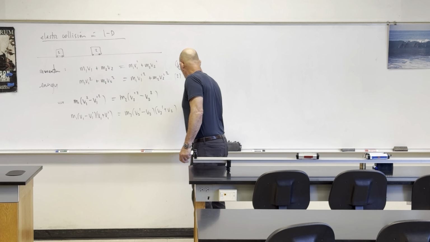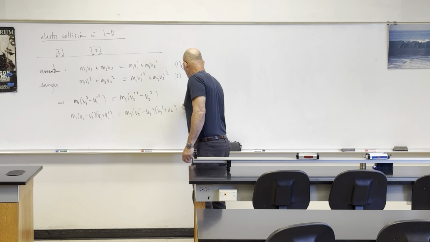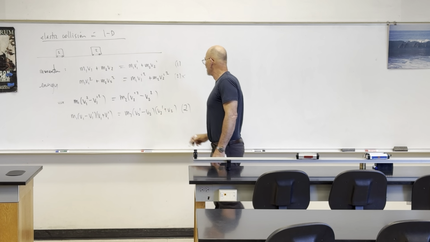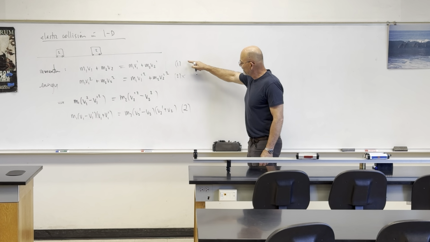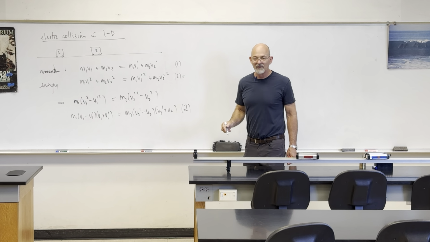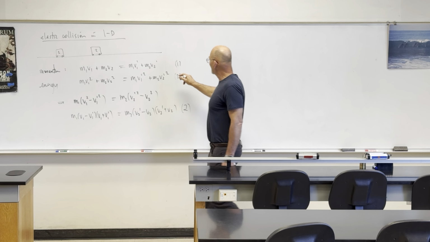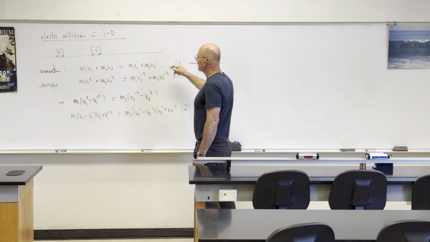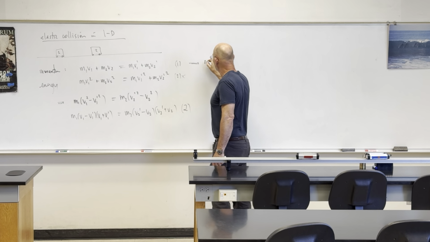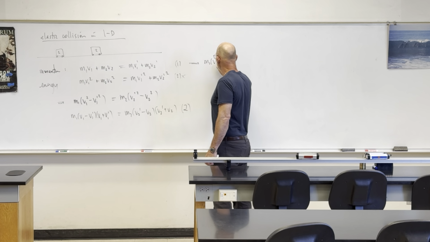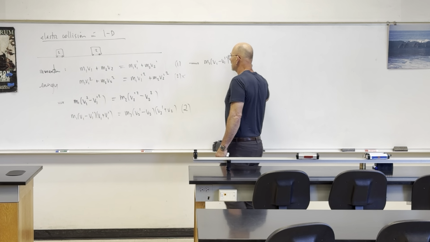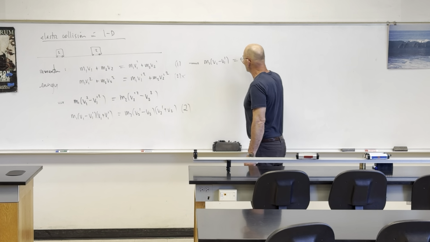And this new equation 2, we still have 2 equations and 2 unknowns. But here we can make a substitution. Same thing here, so here we have M1 (V1 minus V1 prime) equals M2 (V2 prime minus V2).